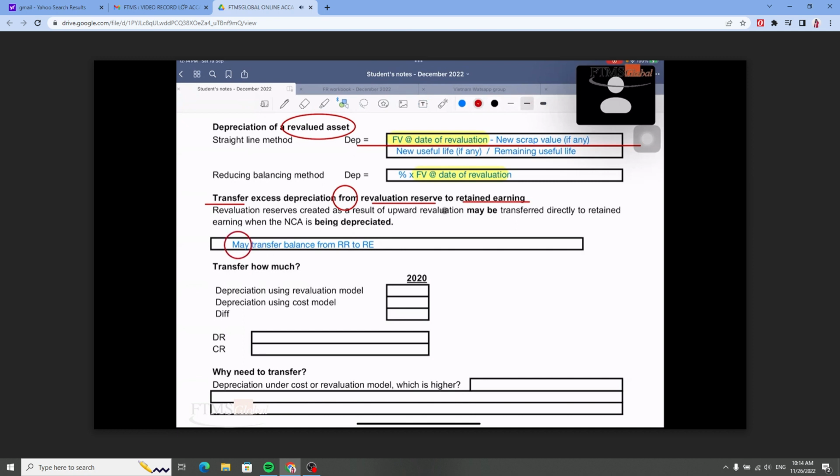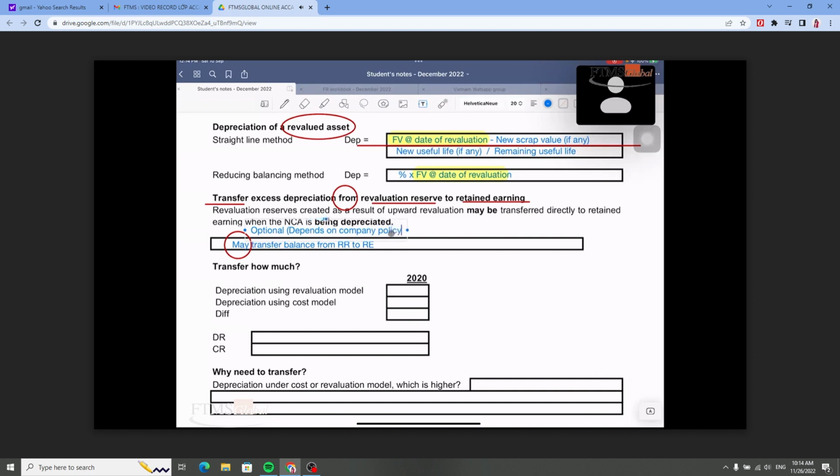May means it's optional for you to do it. You decide yourself, right? May means optional. If you want to do it, you do it. If you don't want to do it, up to you. So actually, this one depends on your company policy.